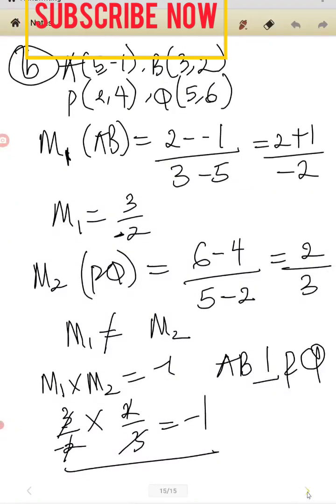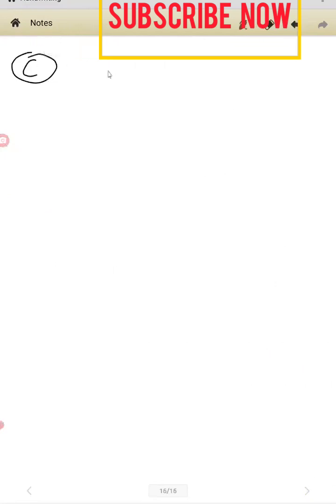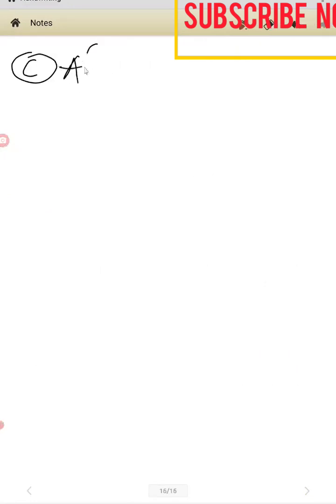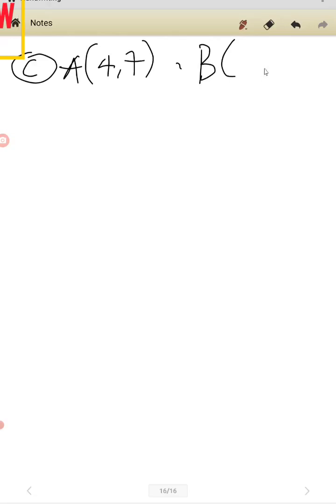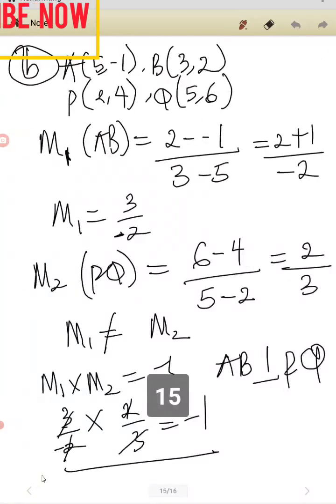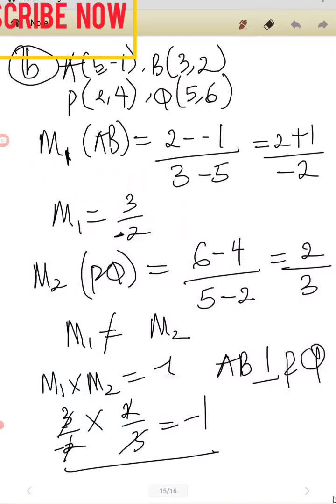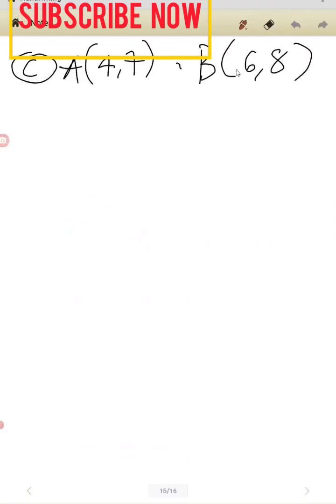Let's just solve one more to understand better how the conditions of perpendicularity and parallelism work. Let's assume we have A to be 4, 7 and B to be 6, 8. So we have A as 4, 7, B is 6, 8.